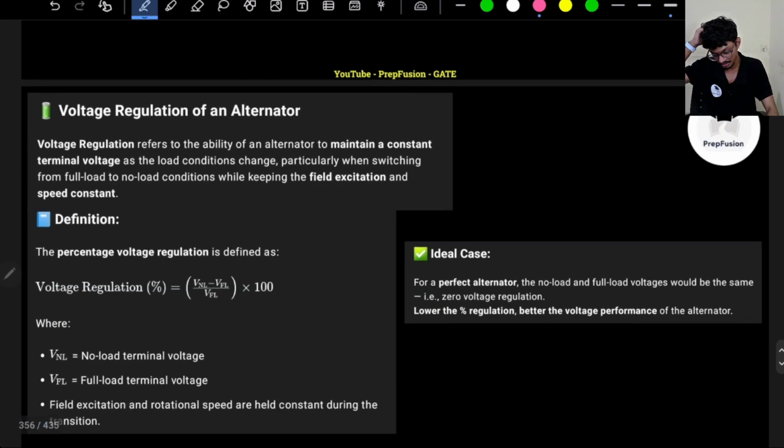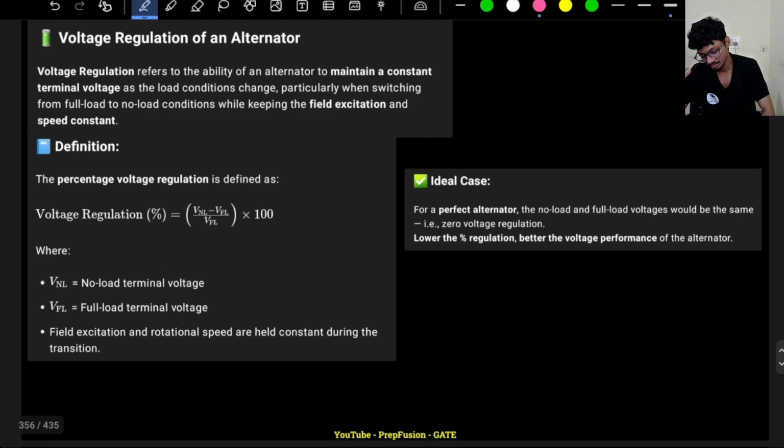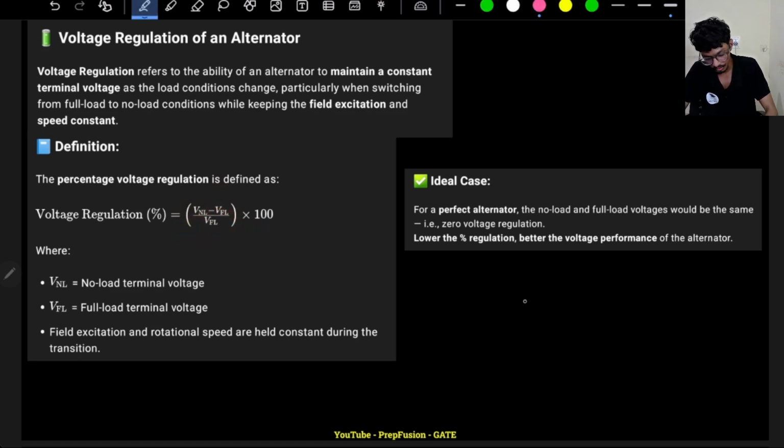Now let's start with another topic, that is voltage regulation. Throughout machines we have discussed that it is the no-load voltage minus the full-load voltage, divided by the full-load voltage. That is the simple formula. What is the no-load voltage? If it is an alternator, this is my E_f, or E, whatever you want to write, and this is my jXs, and this is my voltage at the terminals.